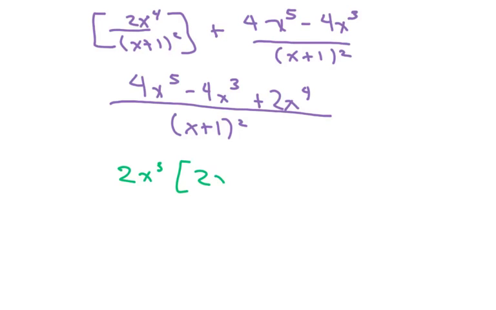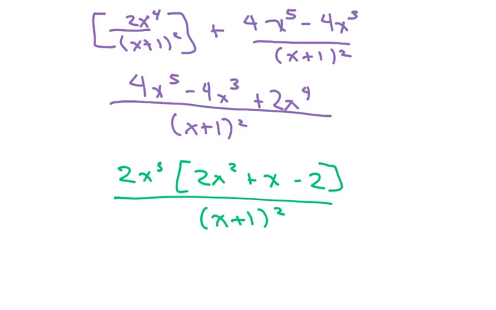That's going to give you 2x squared plus x minus 2. And this is all going to be over x plus 1 squared. And that's all. Thank you. Have a nice day. Bye-bye.